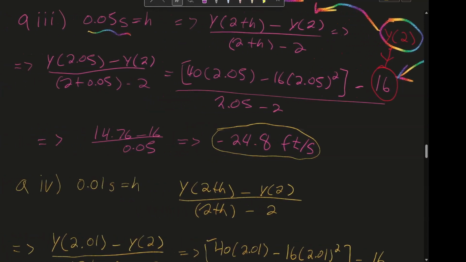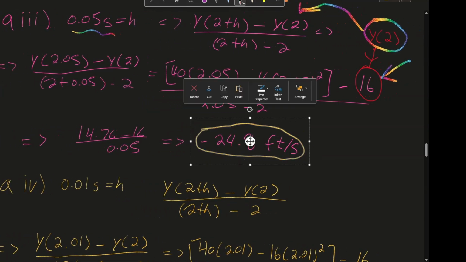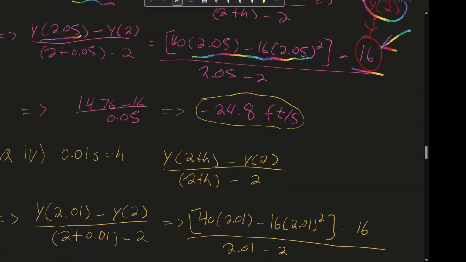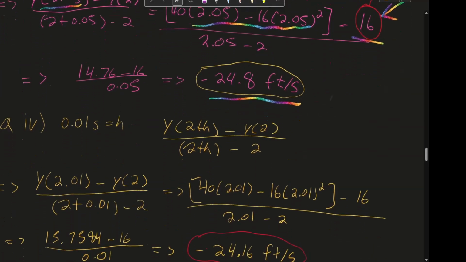But you can see y of 2.05 is plugged into the equation, minus y of 2, over 2.05 minus 2, and you get negative 24.8 feet per second.